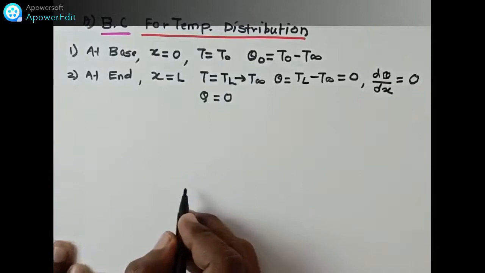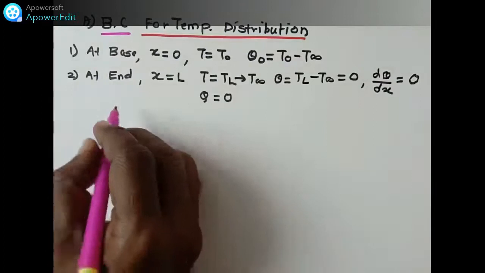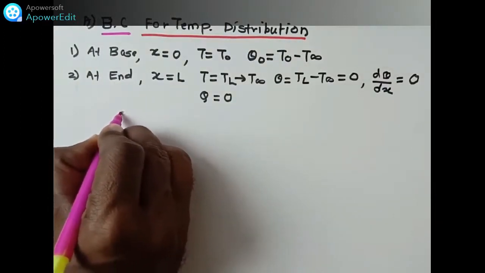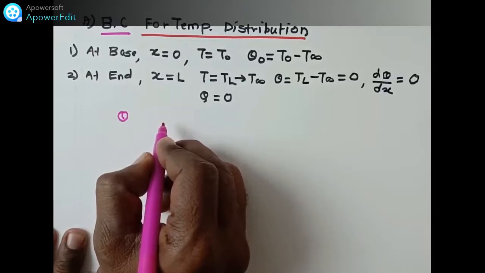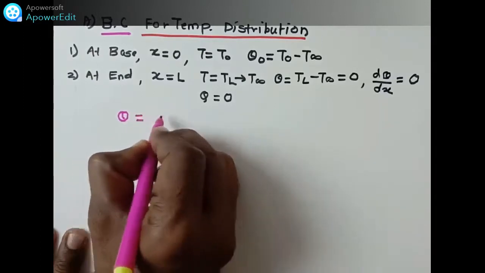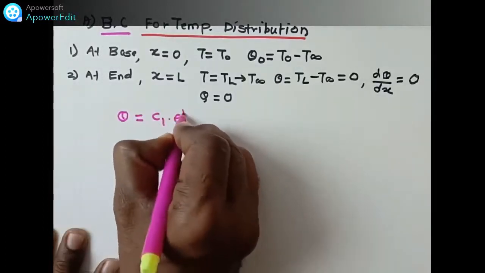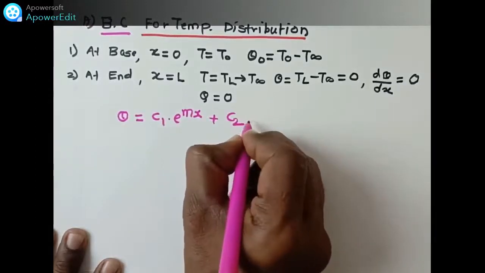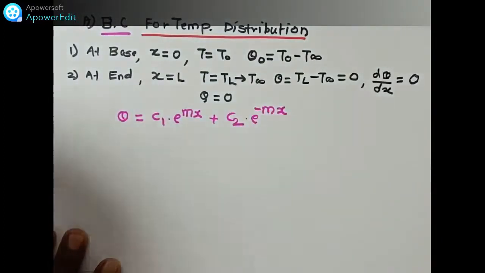Now we can have the equation, that is the general solution, that we already have studied in the video of differential equation of rectangular fin. So the general solution is theta is equal to C1 into e raised to mx plus C2 into e raised to minus mx.